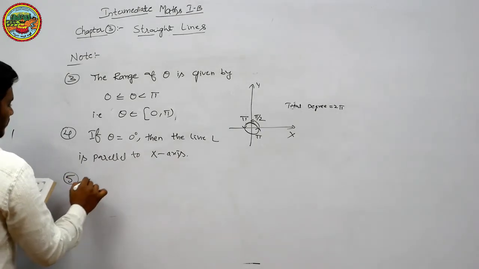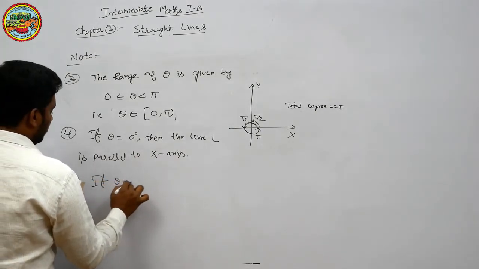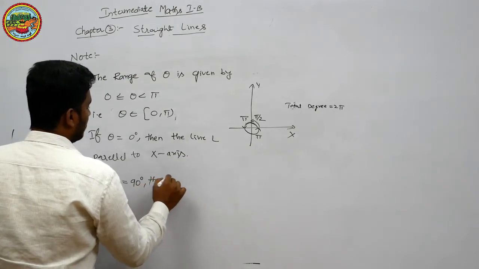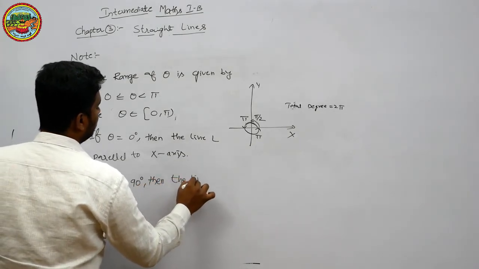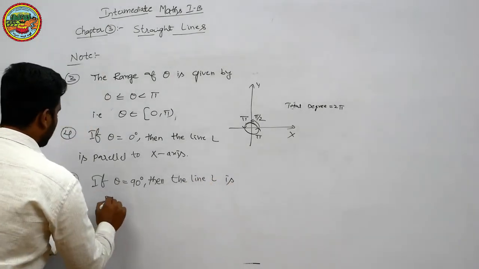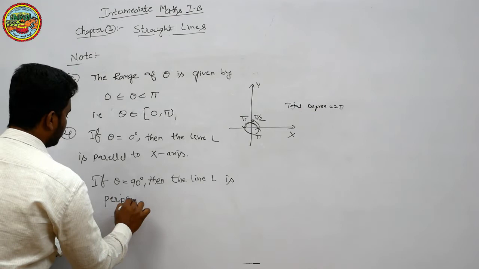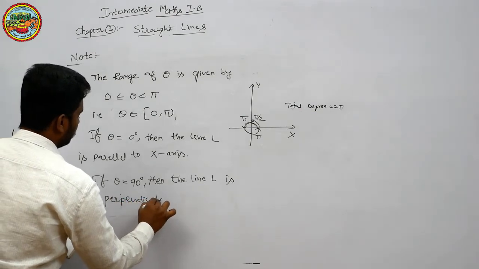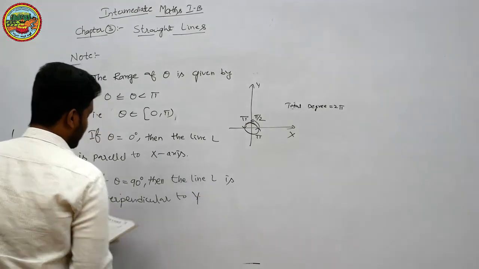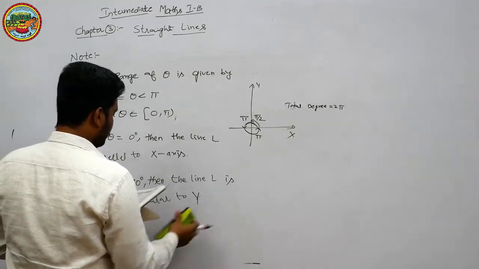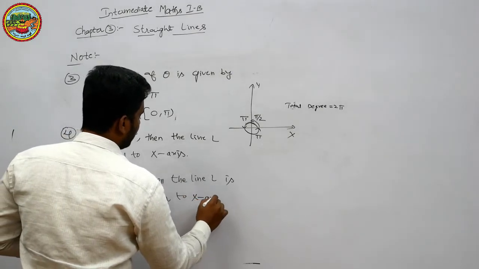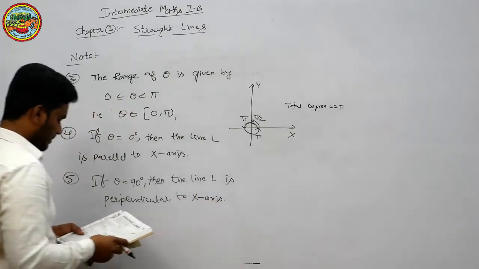Next, note number 5. If theta is equal to 90 degrees, then the line L is perpendicular to the x-axis and parallel to the y-axis.